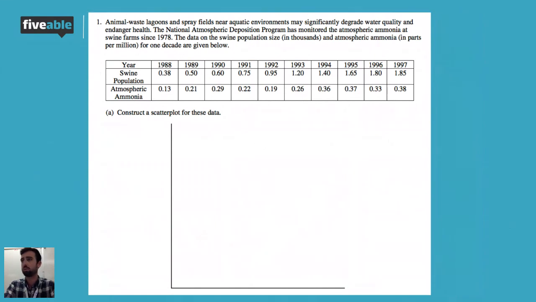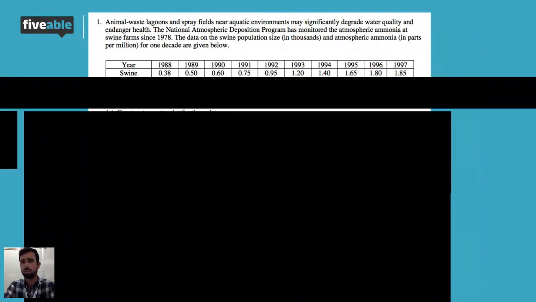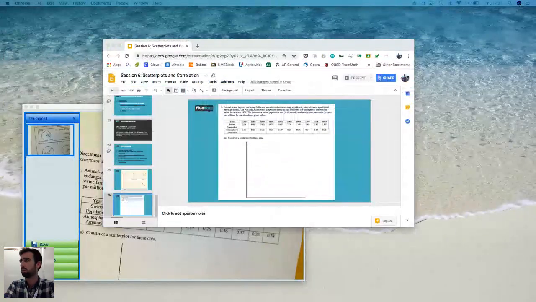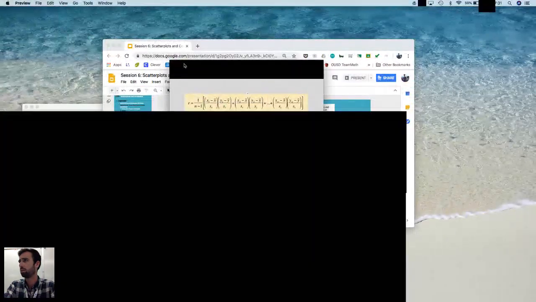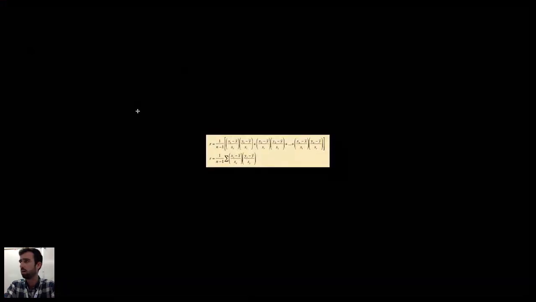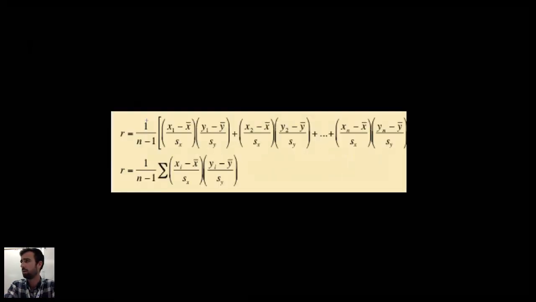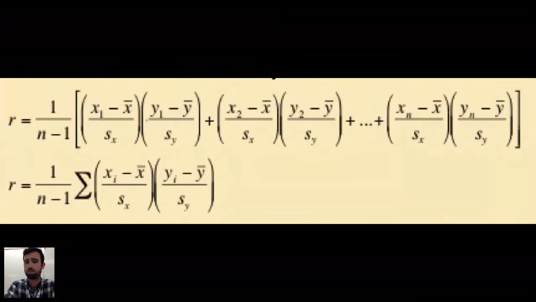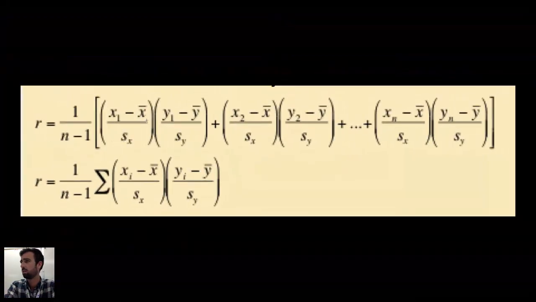All right, let's minimize this. Let's put up the formula. So take a look here. Let's see if I can zoom in. There it is. Oh, too much. All right, so here's the formula for R value.